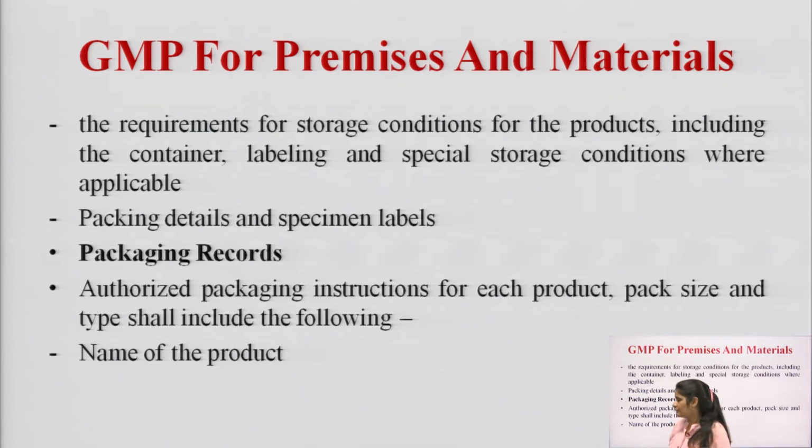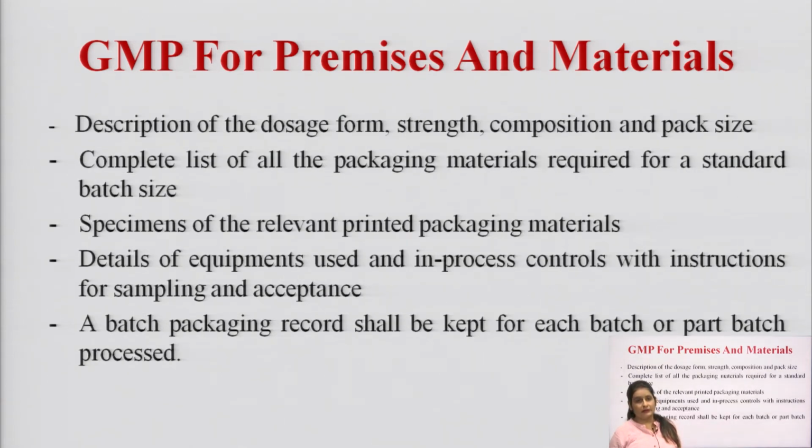The packaging record shall include the name of the product, description of the dosage form, strength, composition and pack size. Whatever the particular dosage form is going to be packed, the description should be mentioned, and the strength, composition and pack size should also be mentioned on the packaging record.